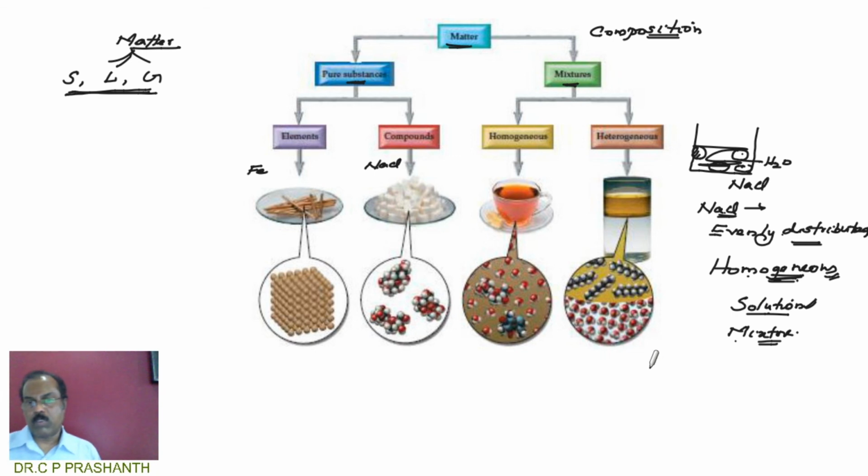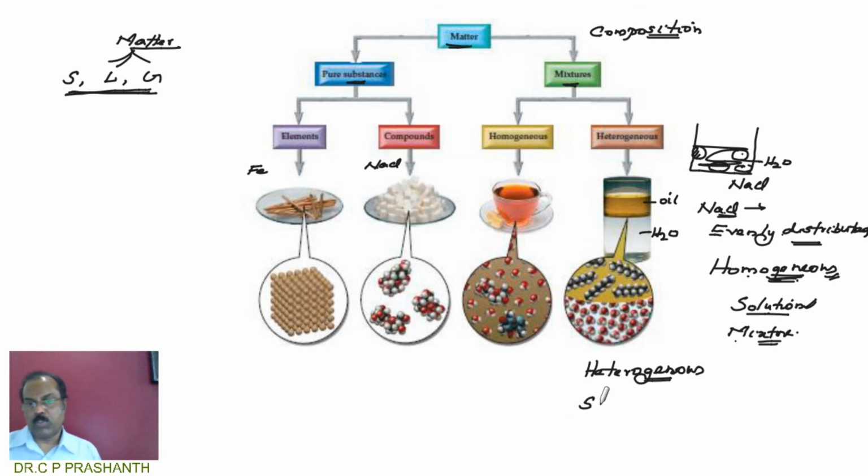Whereas if we mix some oil in water, you can see the composition is not the same everywhere. You find oil only at this place, you find water only at this place, which means it is heterogeneous. So in heterogeneous mixtures, the composition will not be the same everywhere, it will differ.